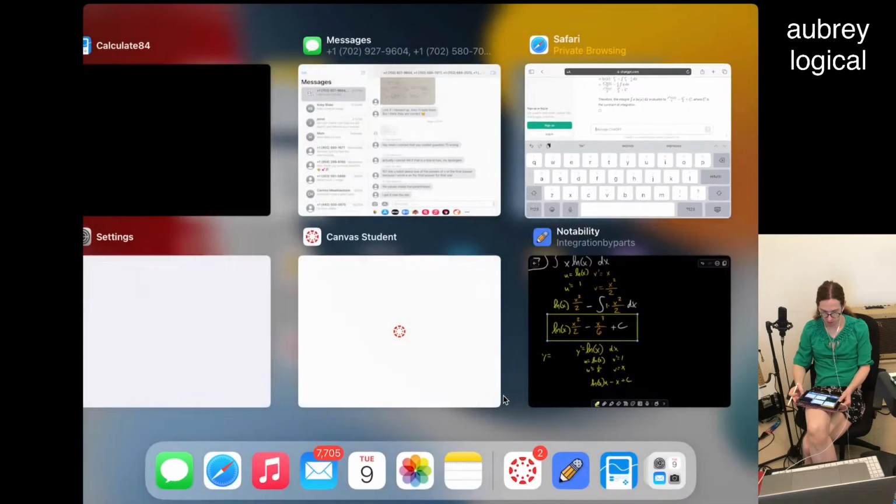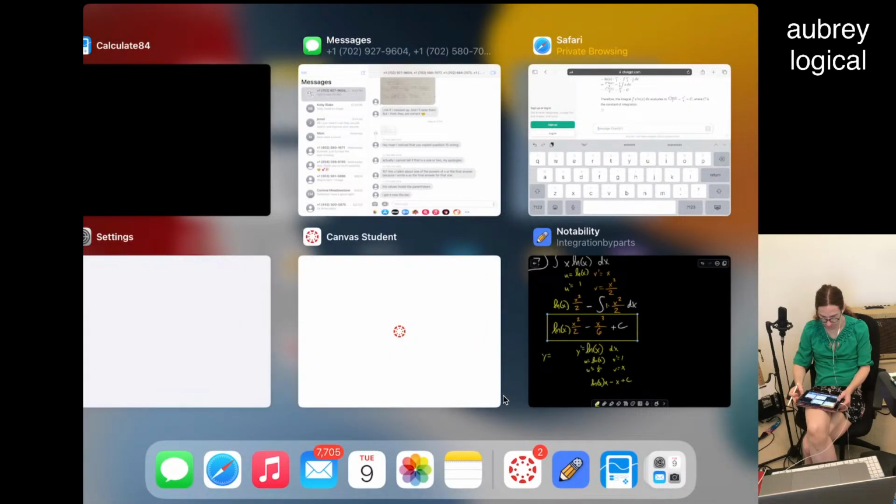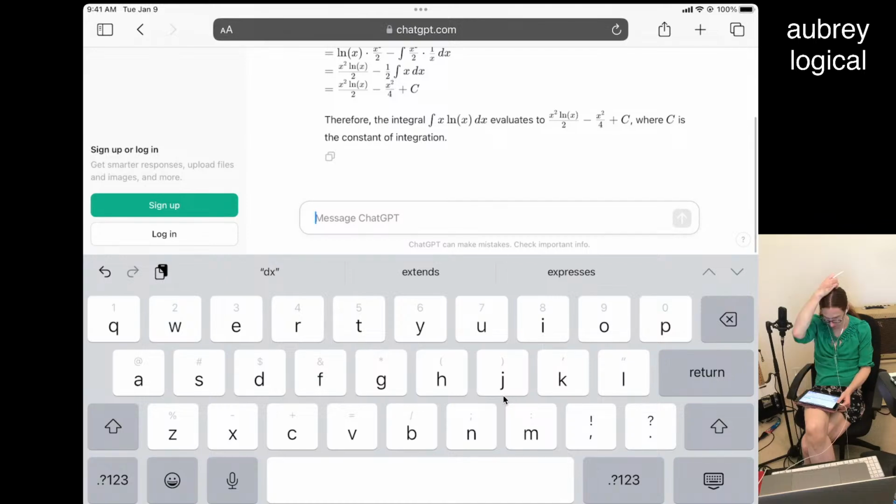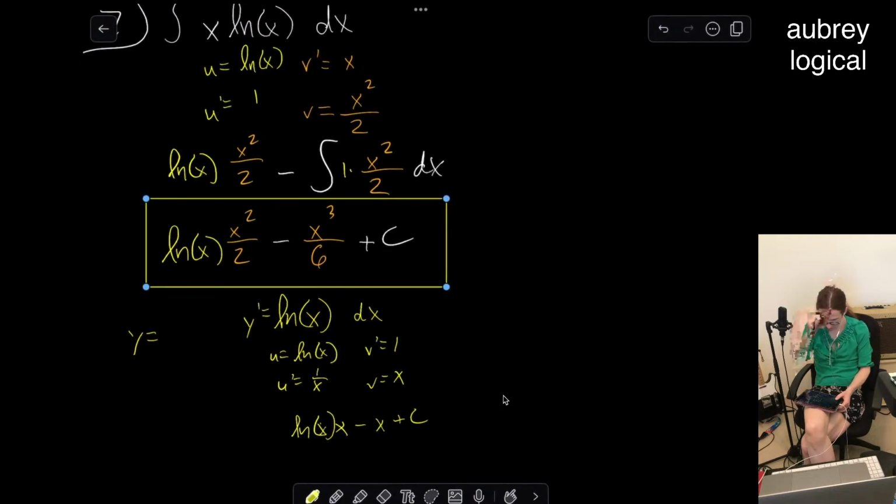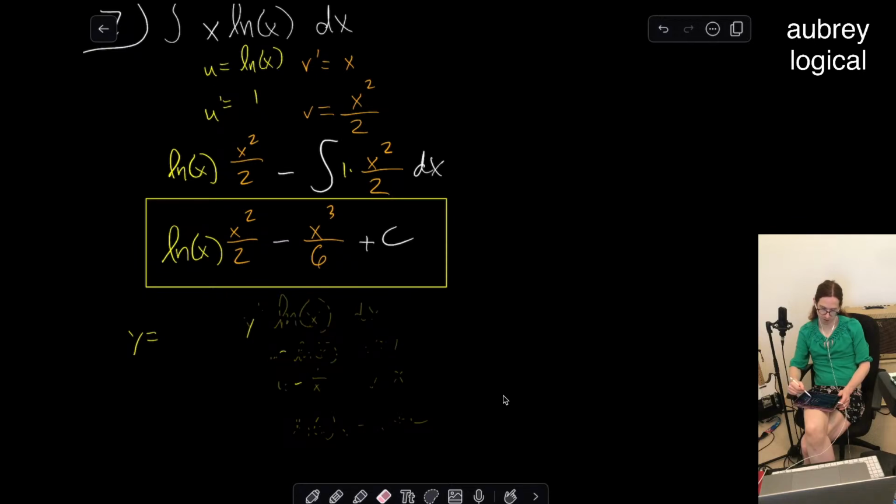x squared times ln of x over 2, minus x cubed over 4 plus c. Okay. So I did pick the correct approach, but I didn't do it right.